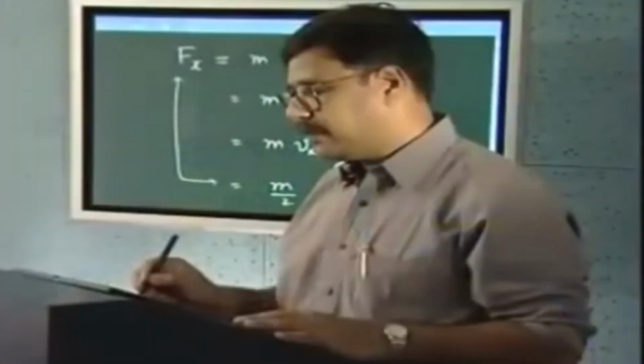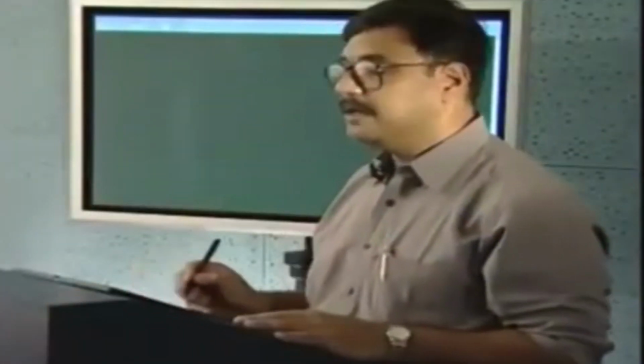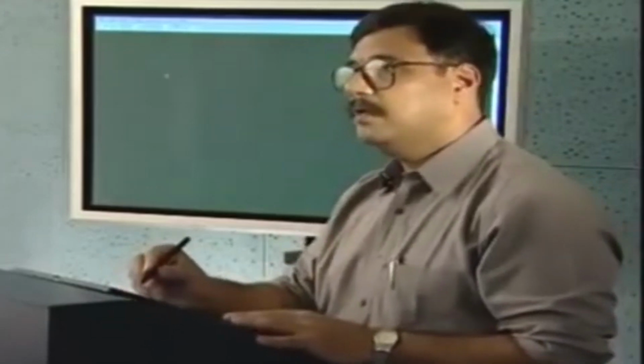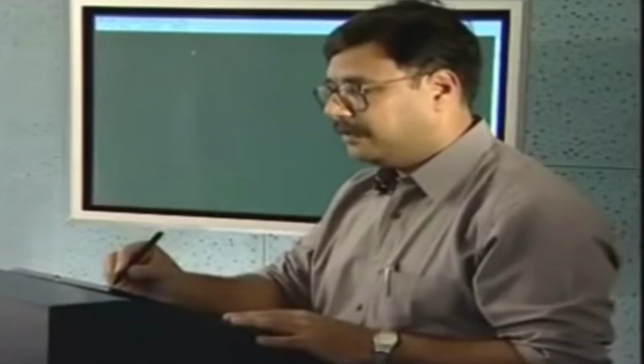Let me go back to the example of gravitational field, since I mentioned that earlier. Suppose I want to know the velocity of a particle in gravitational field. If the particle is moving in the radial direction, then I have m d2r/dt square equal to the force, which is in the radial direction itself, minus GMm over r square.